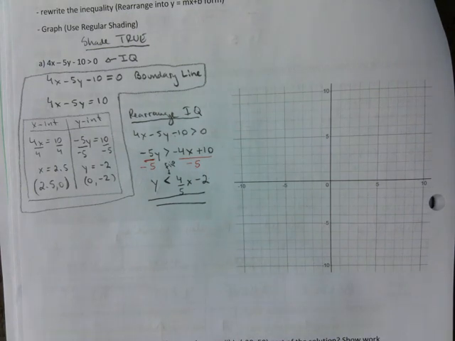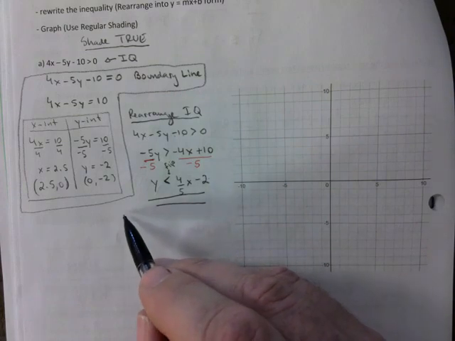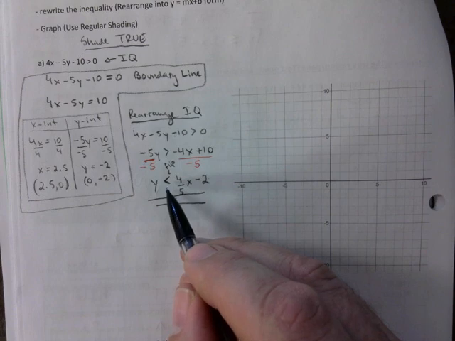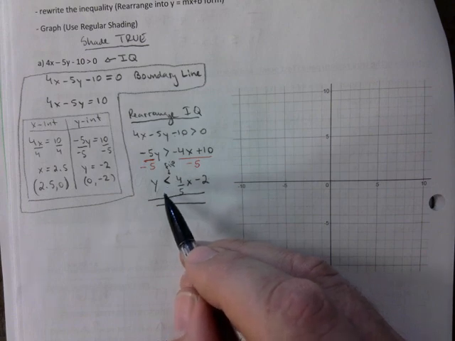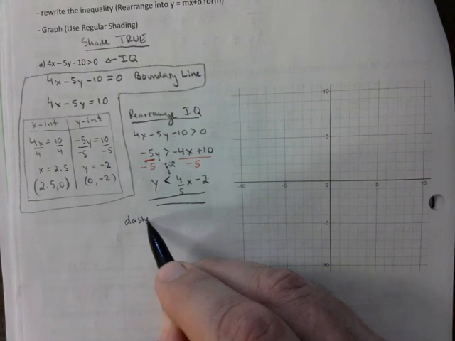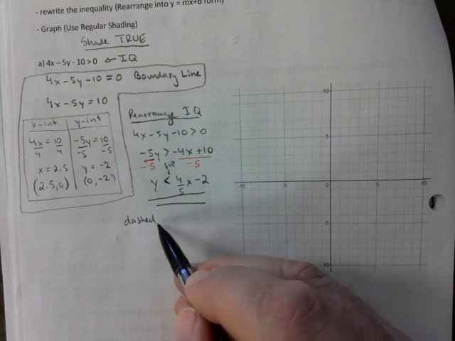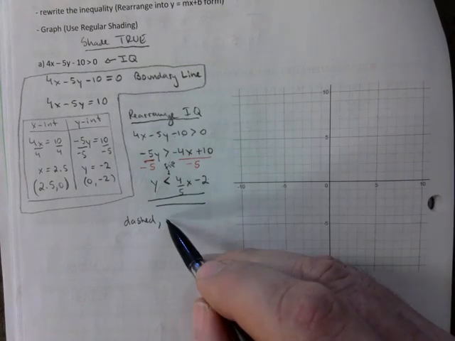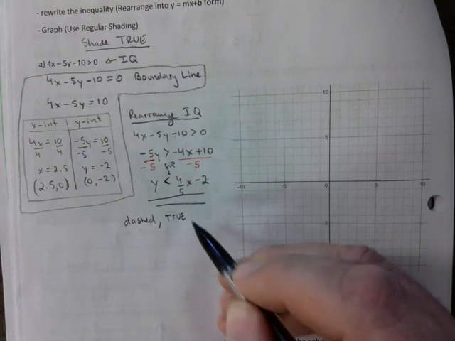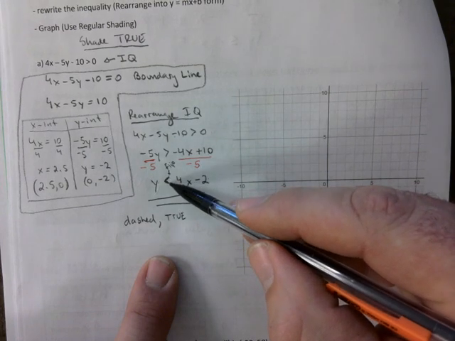And this is why I need that. First, I'm going to tell myself, is it a solid line or a dashed line? You remember? Previous page, it's actually a dashed line. So dashed. Soon this is just going to be a letter, I'm just going to go D, dashed. Where's the true region? The true region when y is less than is below, correct?